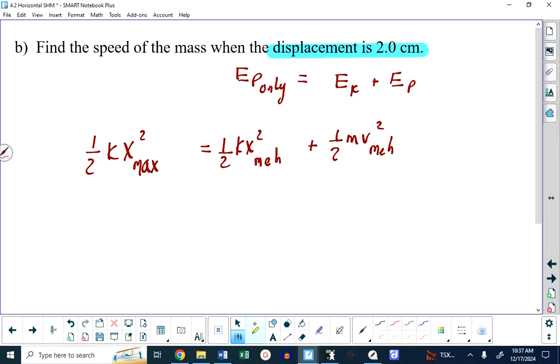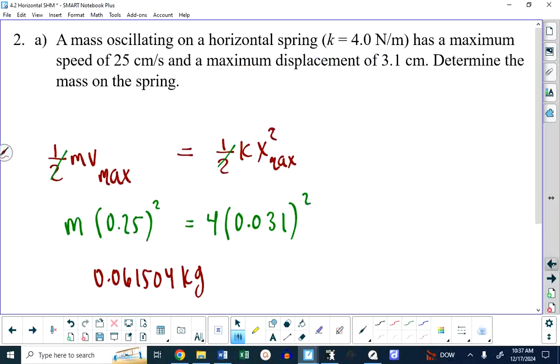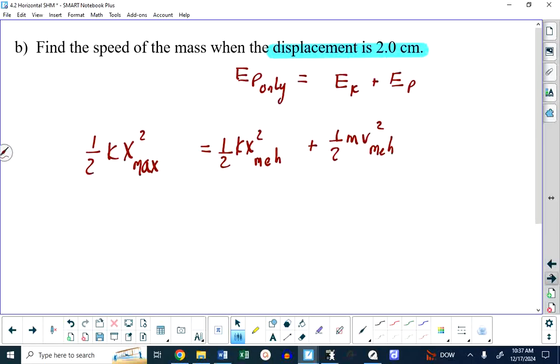I've said to you early on in the course and a couple of times since we started, physics is not math, but it turns into math, right? This is just a math problem at this point in time. Putting in the numbers, K is 4. The maximum displacement, is that correct for the maximum displacement, 0.031?